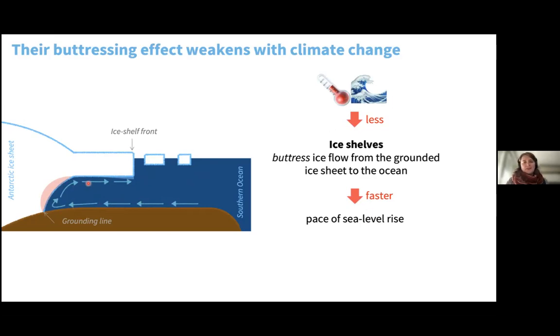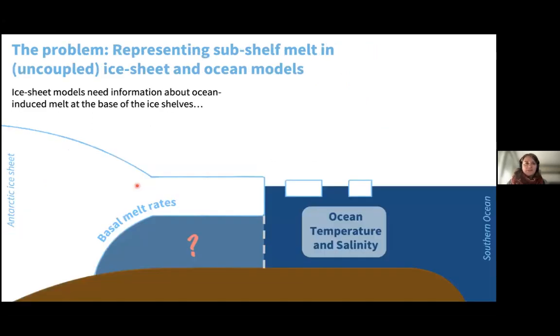Therefore there is a risk of a faster pace of sea level rise. So they play an important role for understanding the future Antarctic contribution to sea level rise. And so ice sheet models need the information about this ocean-induced melt at the base of the ice shelves to force these models to project what the future will look like.